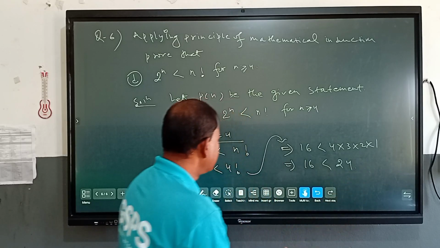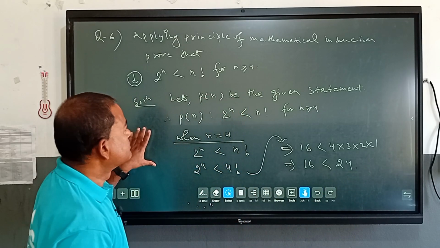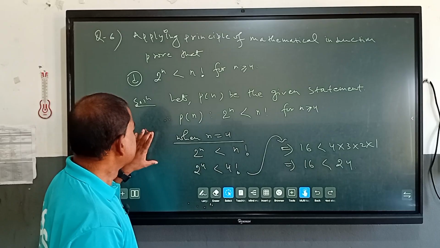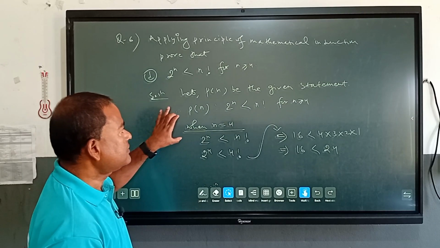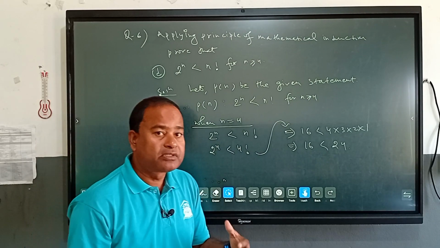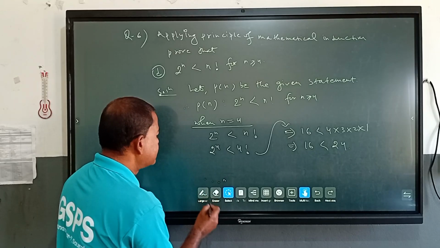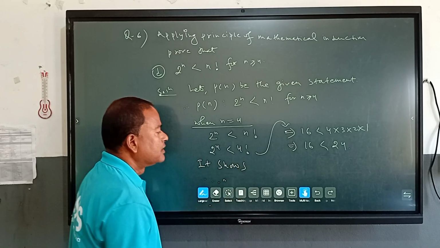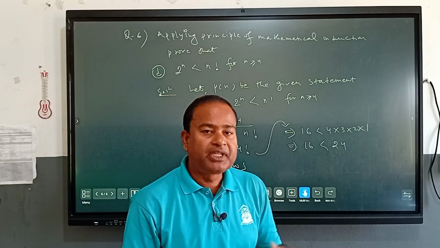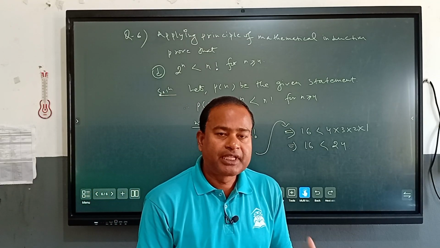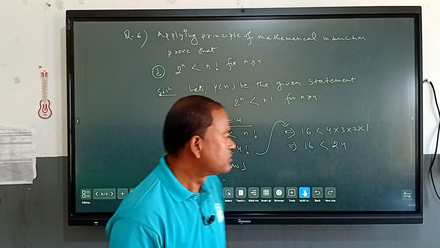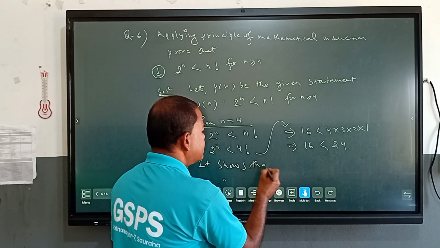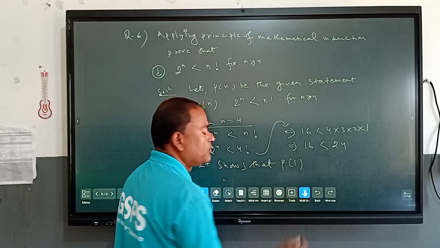That means we can say that the given statement is true for n equals 4. So let's write the conclusion. In every step we have to write the conclusion. It shows that Pn is true for the starting value of n.